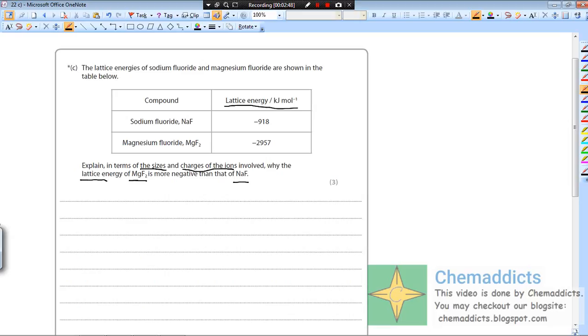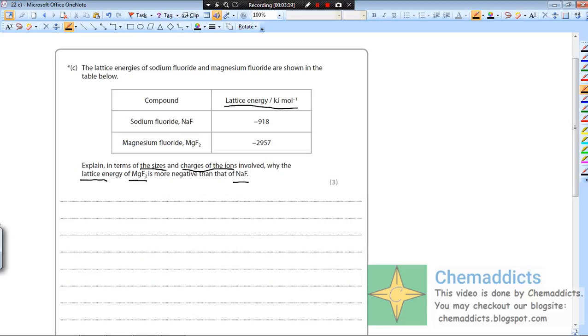Sometimes they give the experimental data and calculated data of each compound, and they ask why the experimental and calculated values are similar or different. That is different from this question.